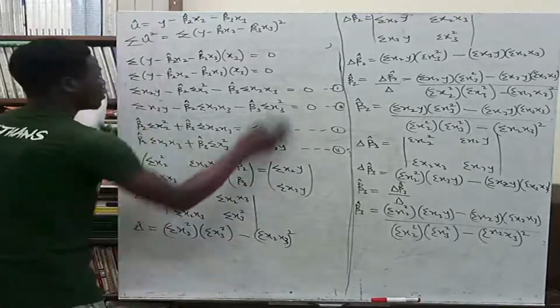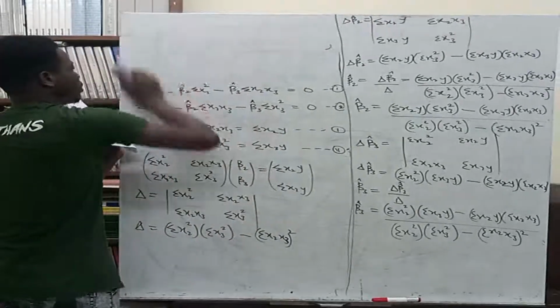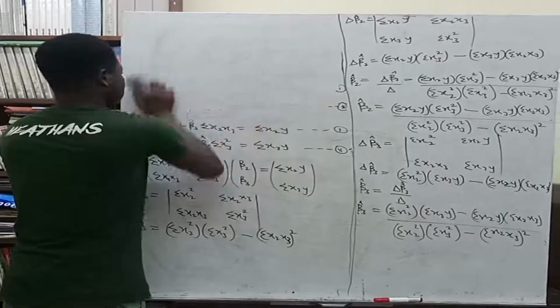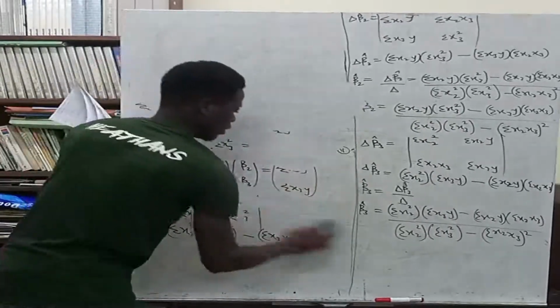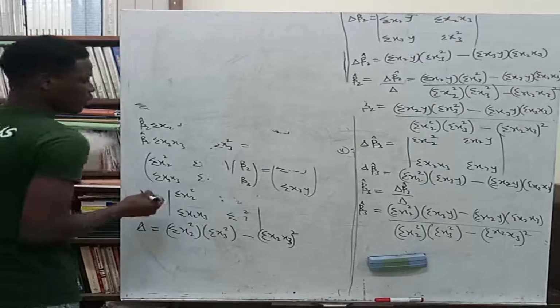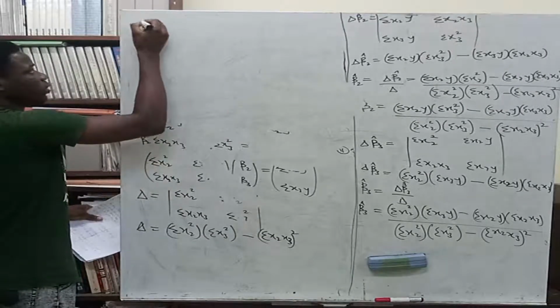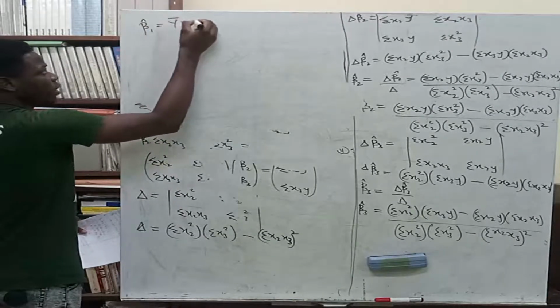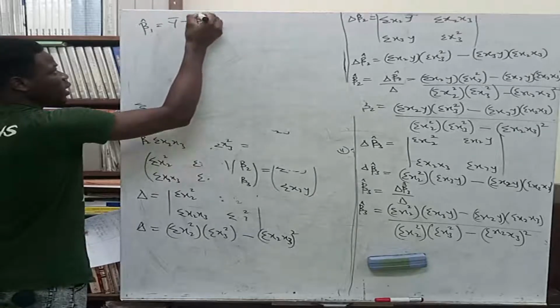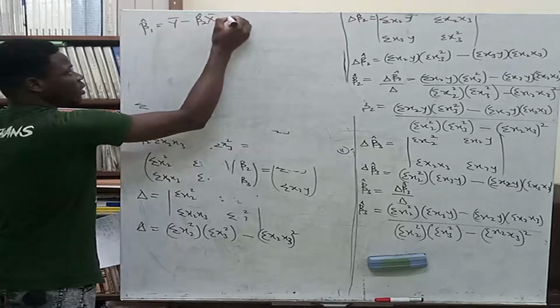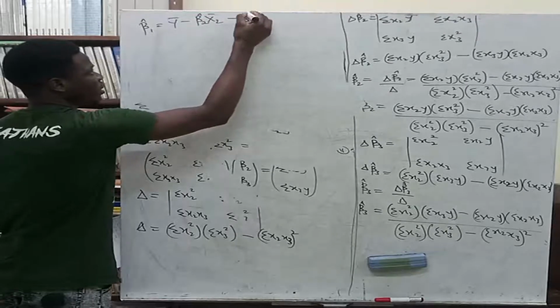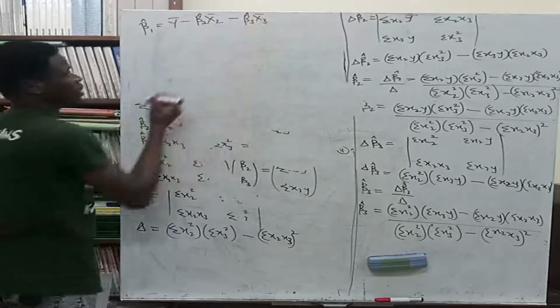So I'm going to write the three estimators out so that we can see them clearly. Beta 1 equals y bar minus beta 2 x2 bar minus beta 3 x3 bar.